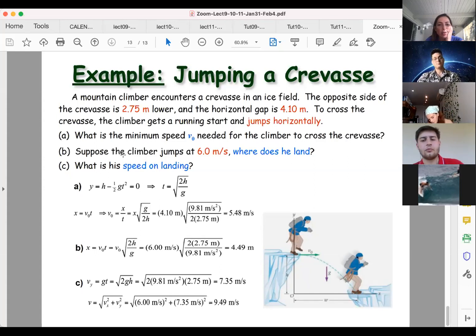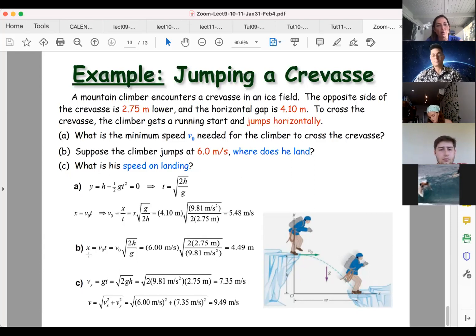Then, suppose the climber jumps at 6 meters per second. Where does he land? In this case, it provides you an initial velocity of 6 meters per second. So you have that x is equal to V0 t. Even here, we are discussing the position along x, not the position along y.